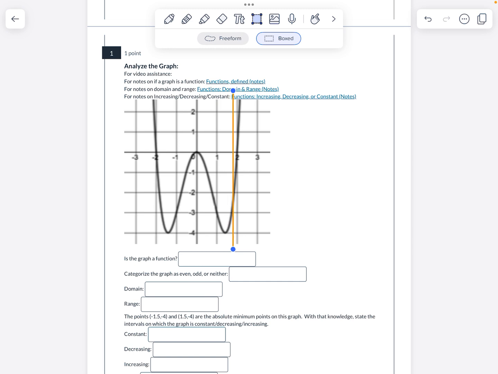There's no way I can move this vertical line through the graph and have it hit more than once. So the answer to that question is yes, it is a function. And that's going to be a pull down menu for you, so you will be just fine on that.